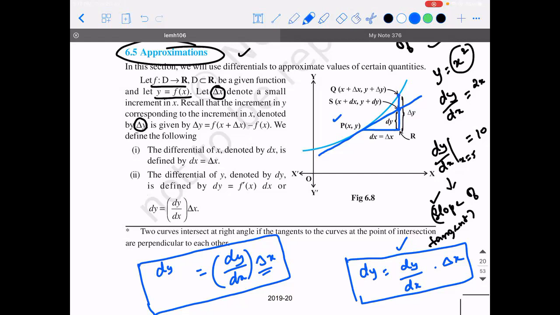From the point P (x, y), if I take R at a distance of delta x, then what will be the coordinates of R?